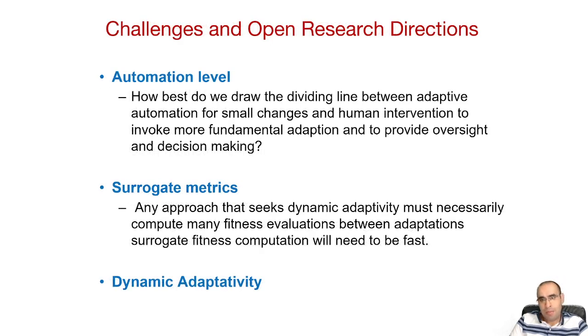There are many other challenges when it comes to the automation level. The goal of optimization is to provide automated solutions. However, software engineering is basically a set of human-centered activities, so there should be an interface between automated solutions and software engineering problems to be solved.